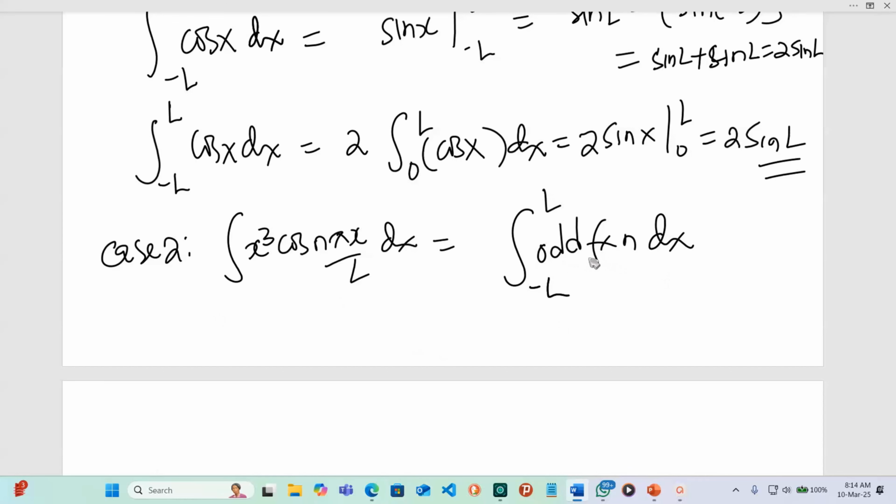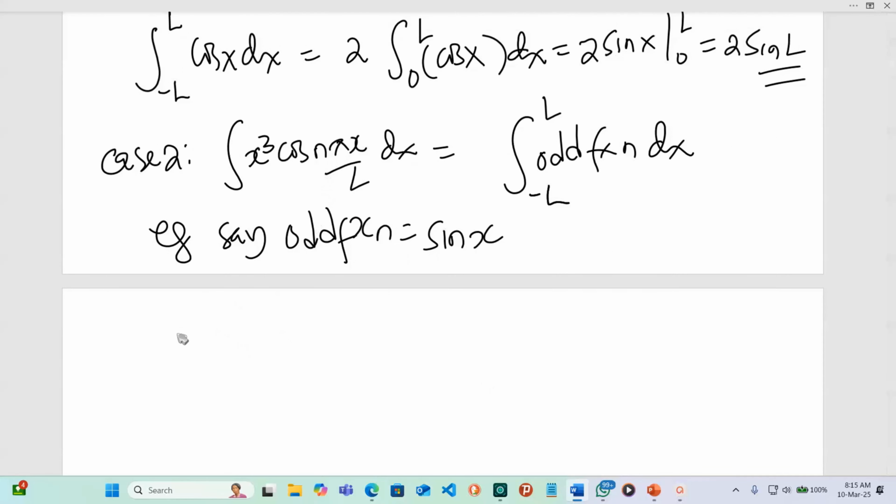What does this give us? For example, say the odd function is sine x. Assume that you're integrating from negative r to r sine x with respect to x. This one is going to give you 0.